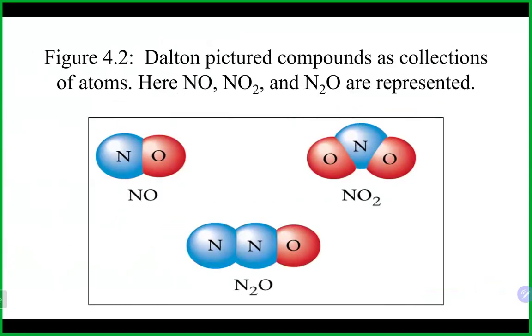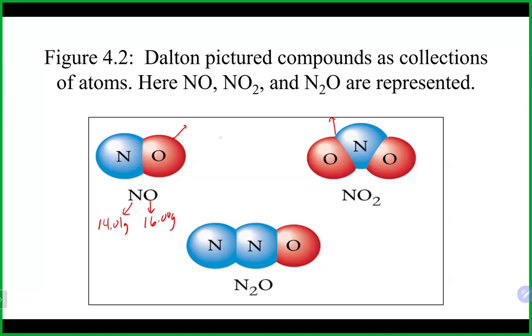Now, one of the ways he pictured compounds as collection of atoms, here we have NO, NO2, and N2O. So for example, if we just take these two guys here, atoms basically come together in certain proportions, and they come together in certain proportions that are equal to each other. So for example, this is one nitrogen at 14.01 grams from the periodic table, 16 grams from the periodic table for oxygen.